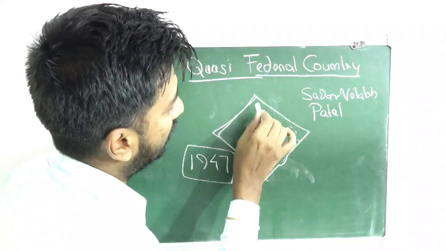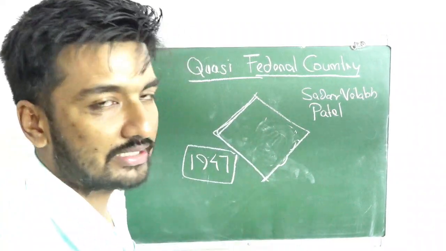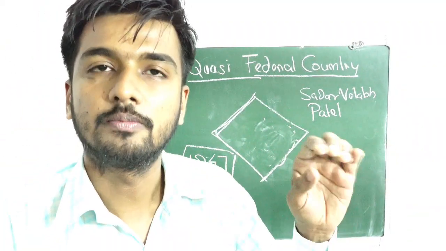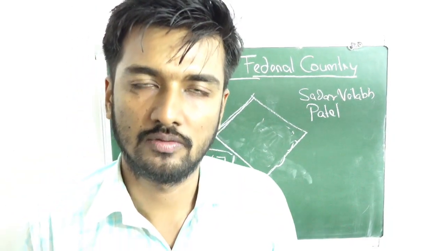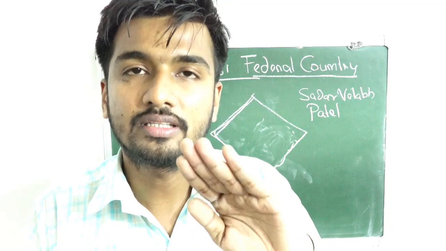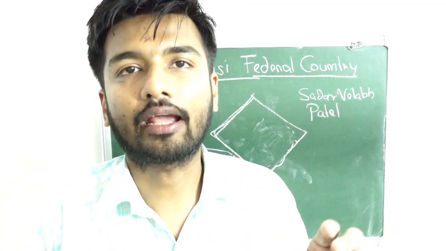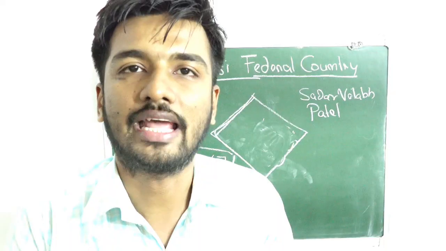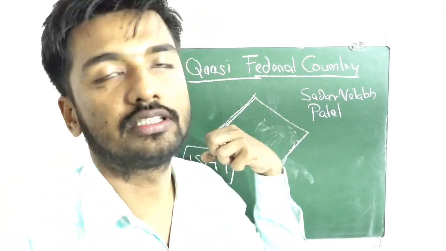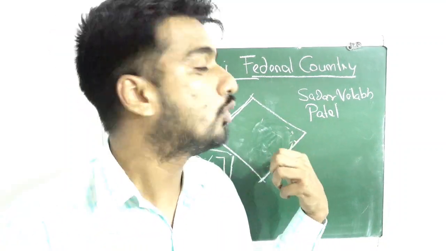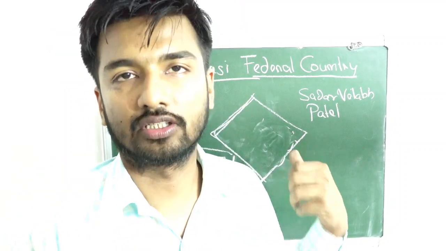Later on, the boundary of India cannot be altered, but the boundaries of the states can be altered. For example, these boundaries were decided according to the demographic structure and the dialects, as the country has very diverse languages.